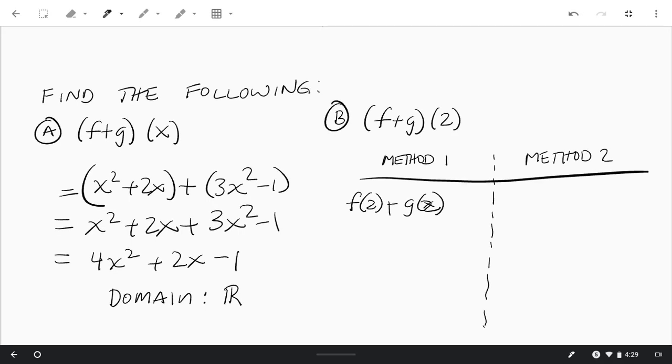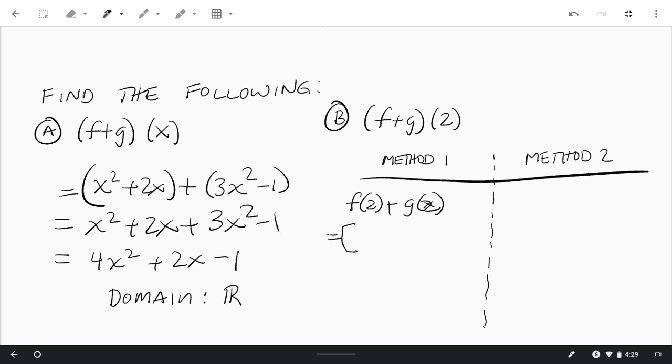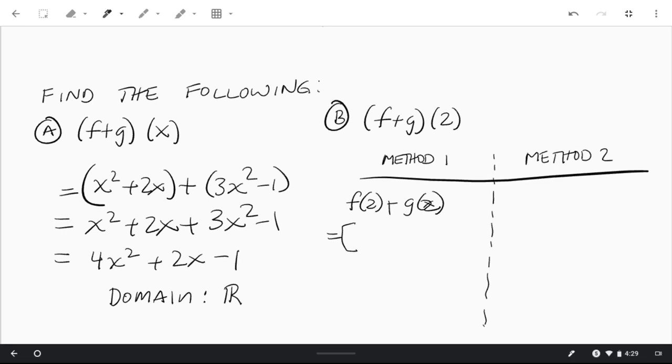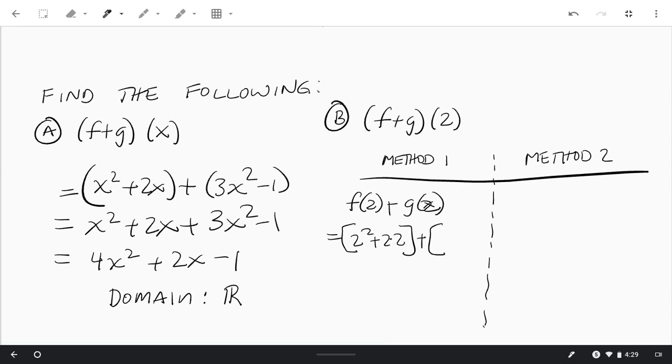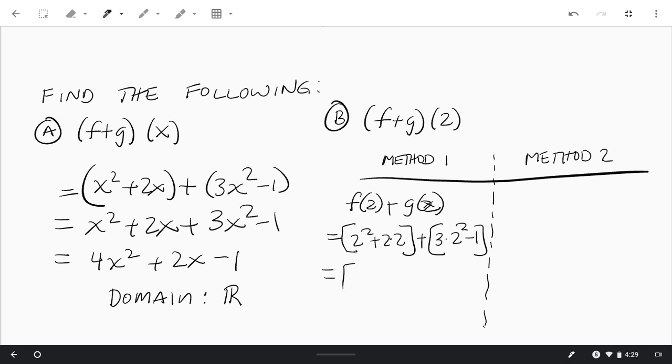If I evaluate the f function and then evaluate the g function and then add our results together, then I plug 2 into the f function and I get 2 squared plus 2 times 2. And if I evaluate the g function, I get 3 times 2 squared minus 1. Here I get 4 plus 4, which is 8.